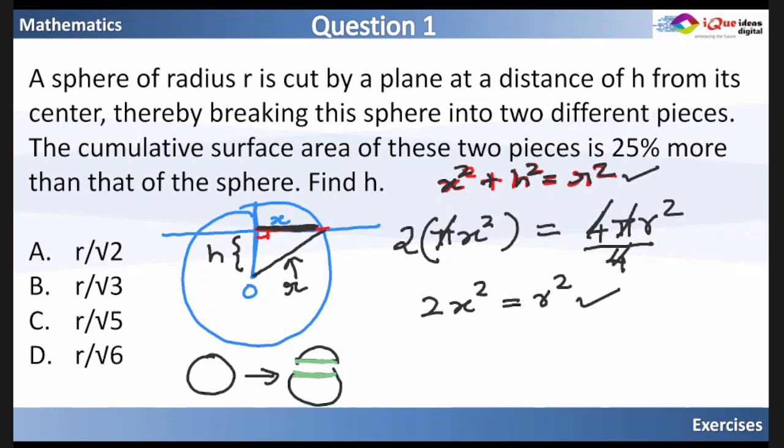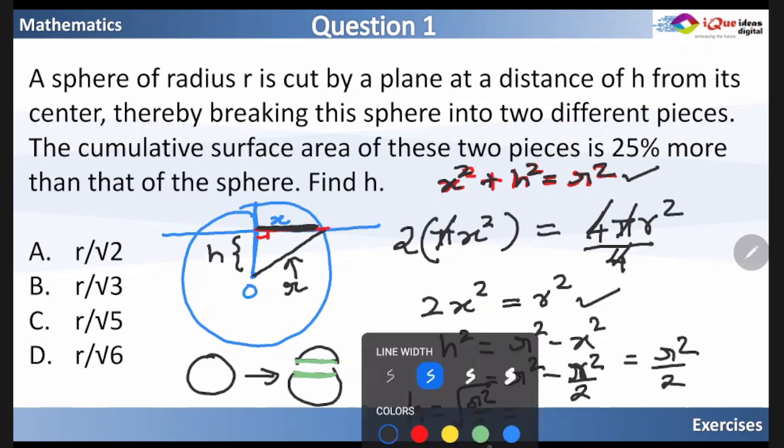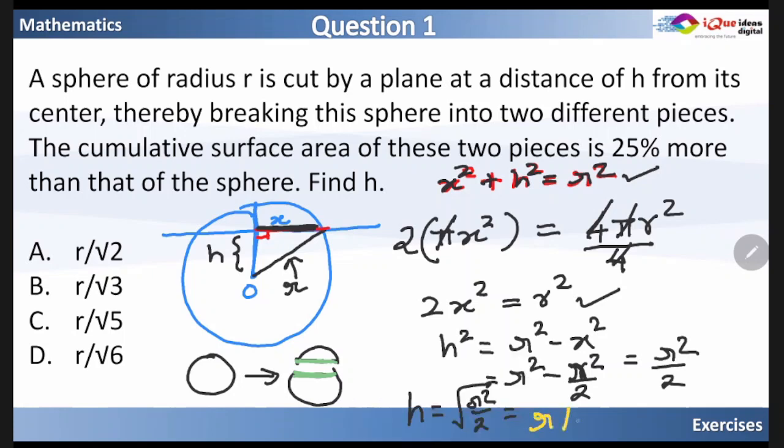Right? So can I say that h square is equal to r square minus x square, which is r square minus r square divided by 2, which is r square divided by 2. So h will be equal to square root of r square divided by 2. So my answer should be equal to r divided by root 2. So the first option, r divided by root 2, is the value of h.